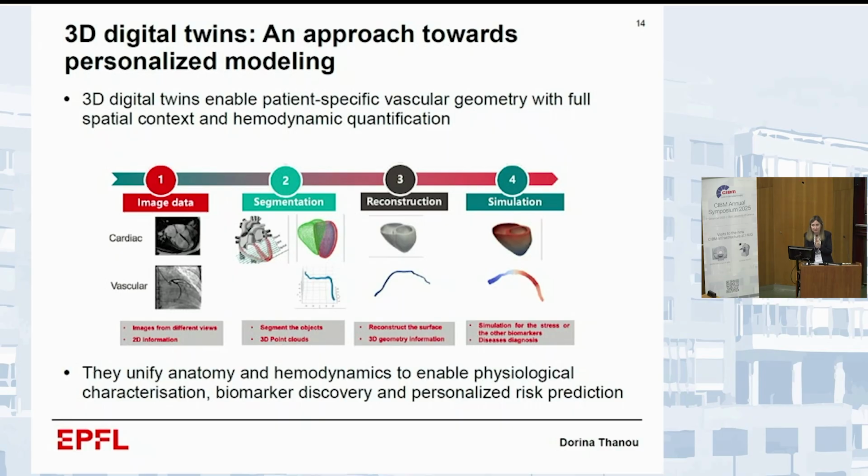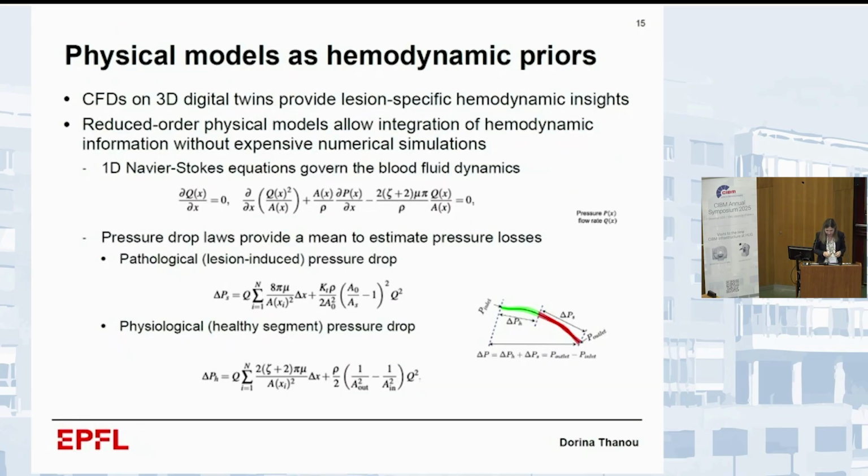This is done by our colleagues at the Center for Imaging at EPFL, where they take two views of this angiography and reconstruct what we call a digital twin, the 3D model of the arteries, in which we can run hemodynamic simulations and have a representation that is more patient-specific, enriched with knowledge from hemodynamic simulations. In that way, we unify anatomy with hemodynamics to have a richer representation per patient. So we can construct 3D digital twins in which we can run CFD.